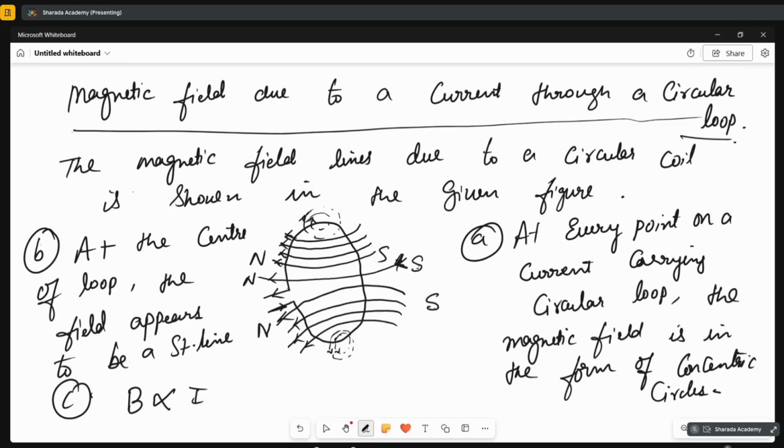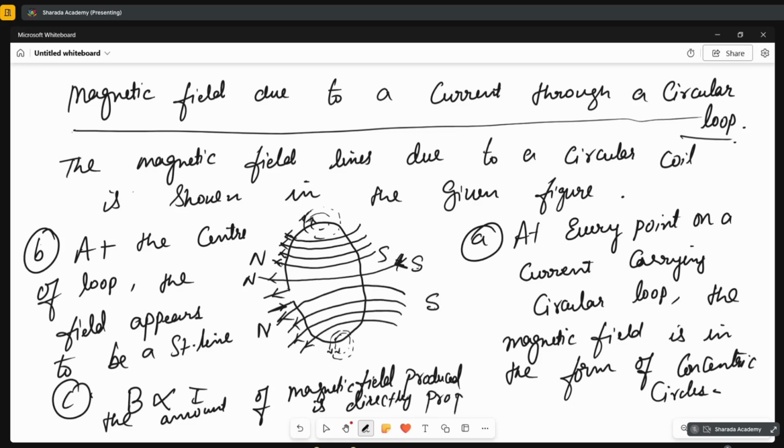That is, the amount of magnetic field produced is directly proportional to the current.